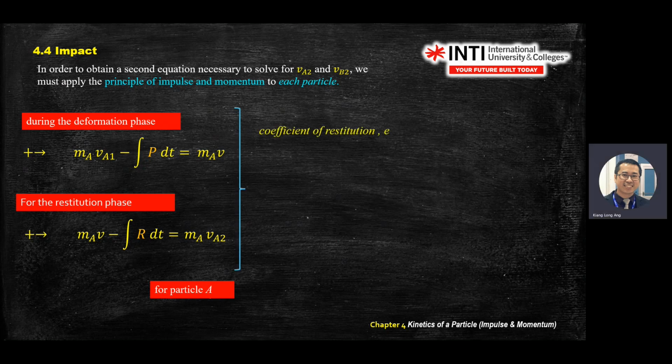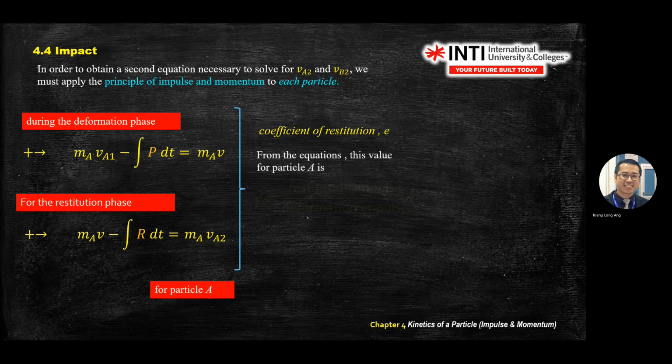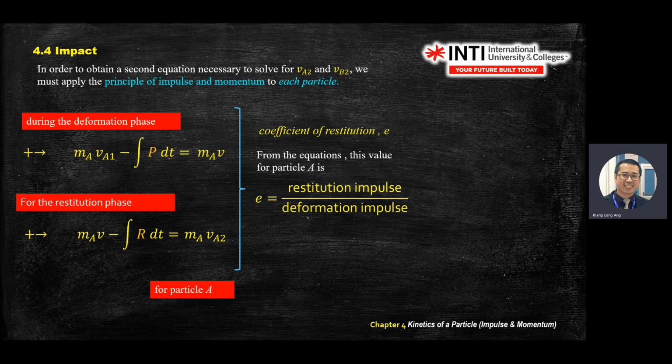You combine them, you get one new equation you learn today, which is called the coefficient of restitution, e. You take the restitution impulse divided by the deformation impulse. Restitution divided by deformation.